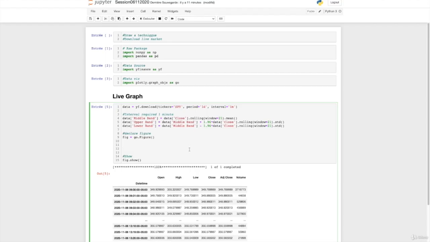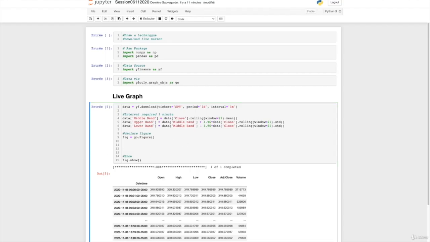That's going to be our candlestick of the different price movement during the day, plus based on it we're going to draw our middle band, higher band, and lower band, and we are going to check if we are able to predict the market using this trading strategy.